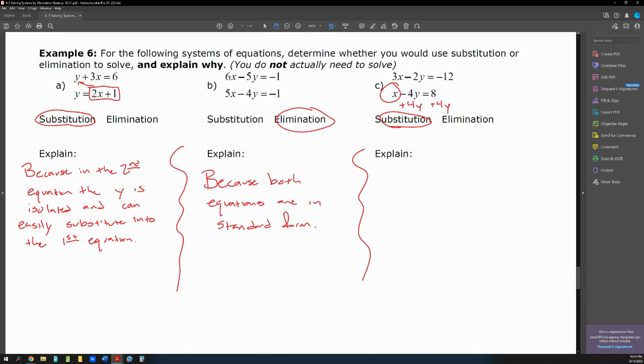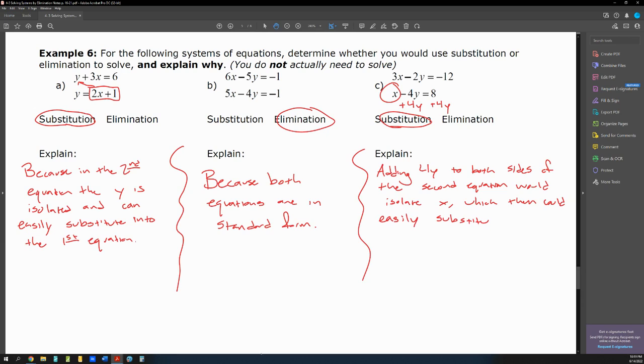So my justification for substitution is that adding 4y to both sides of the second equation would isolate x, which then could easily substitute into the first equation.